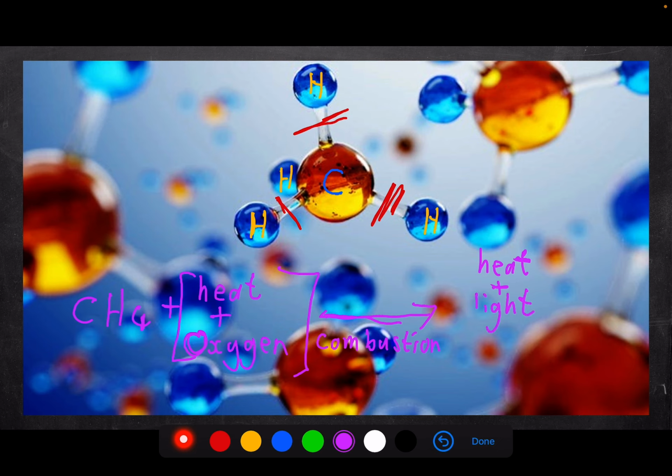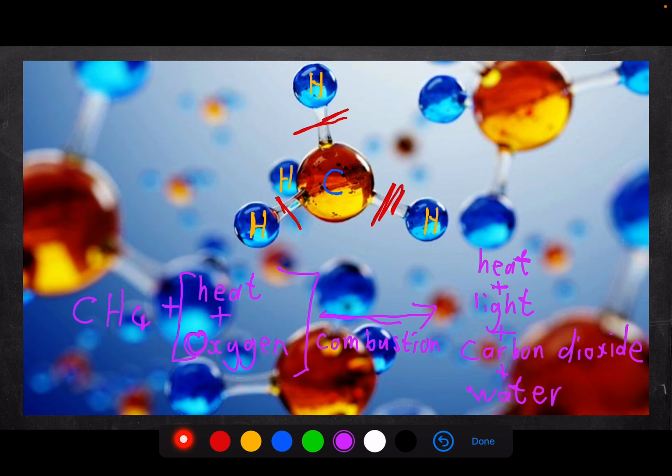So when a fire burns, you'll notice that there's light from the fire and it's warm, right? That's the heat and the light. Plus carbon dioxide, which is a gas, and then plus water, which many people don't actually realize happens when something burns, that it actually makes water.